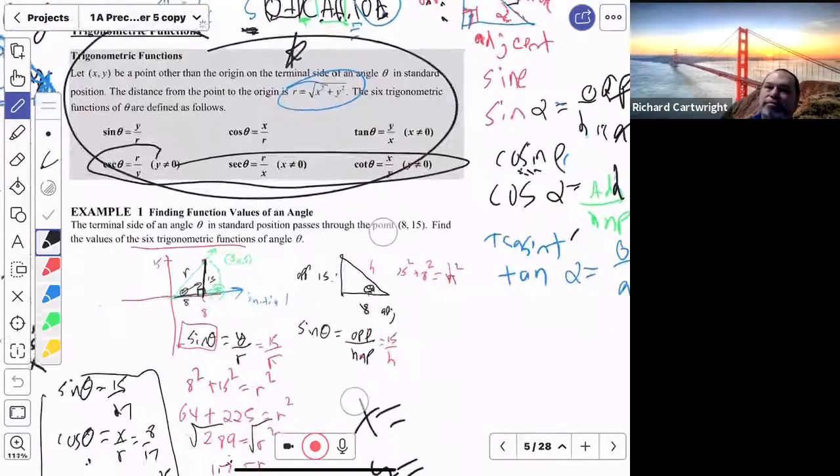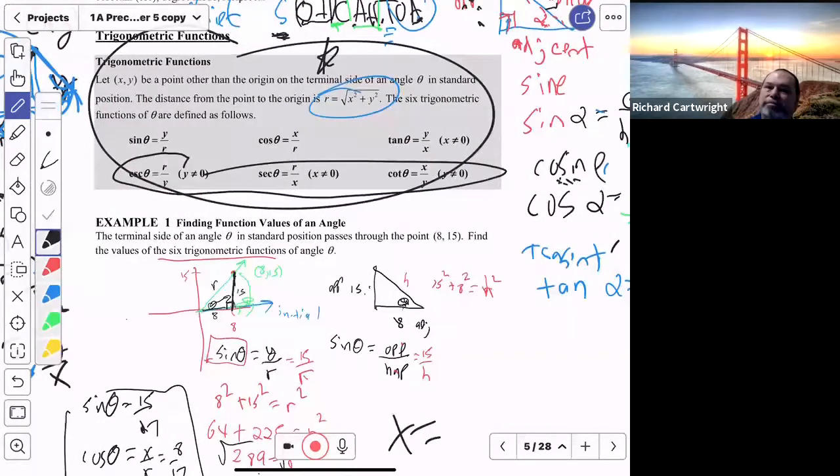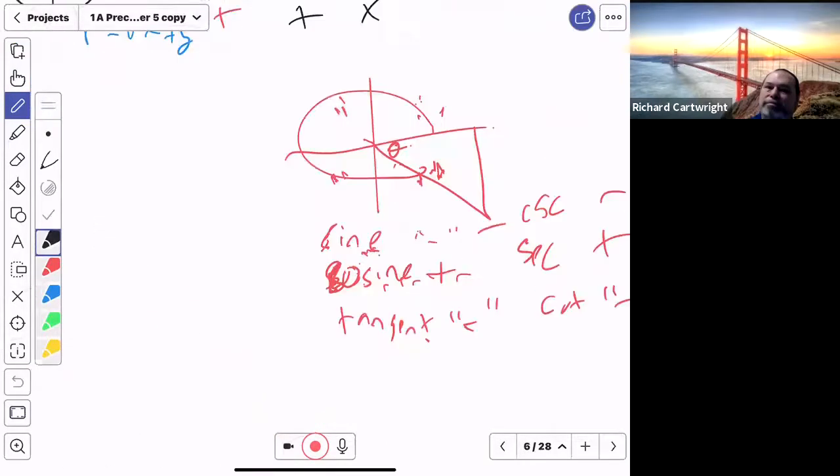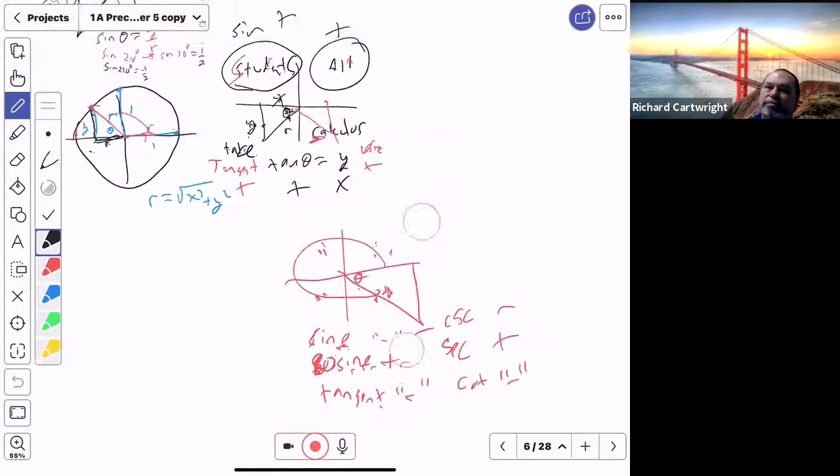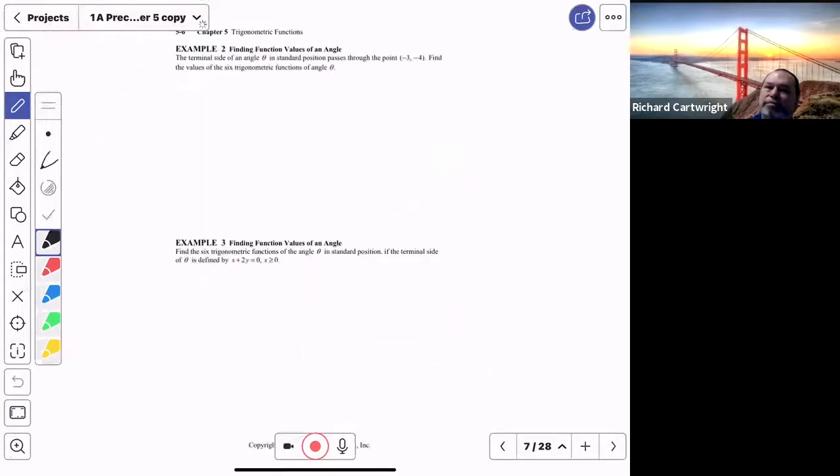Okay, there's that chart. And it's okay to cheat when you're just learning this. I'm hoping you don't have to cheat very long because I tried really hard to connect it to opposite, adjacent, and hypotenuse. But it's okay. You guys are good. I'm very proud of you. You guys do a good job.